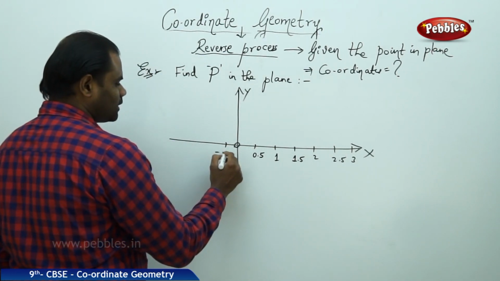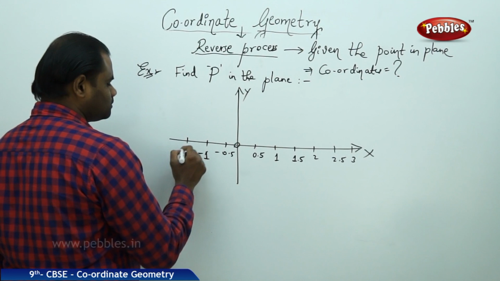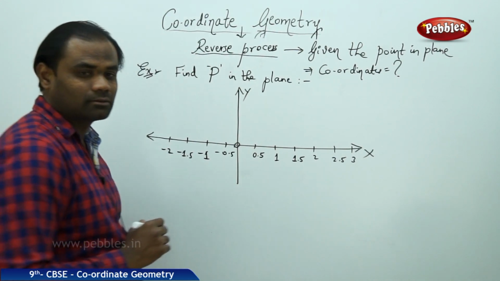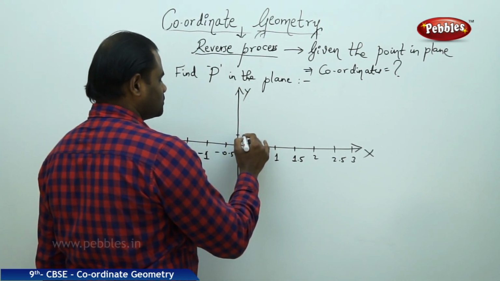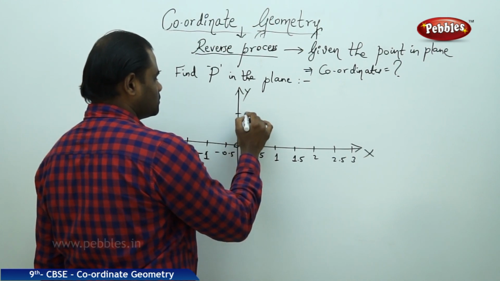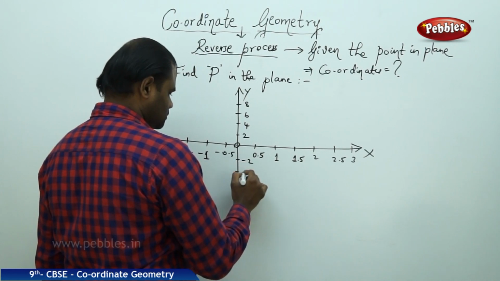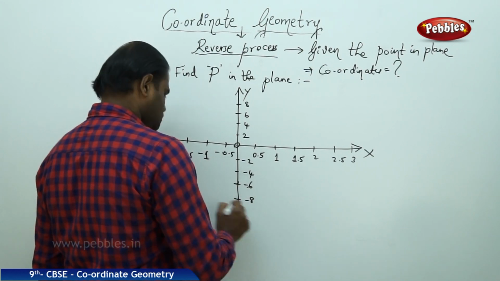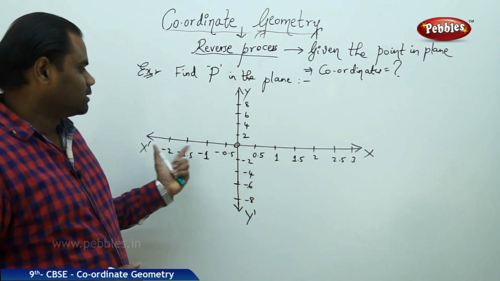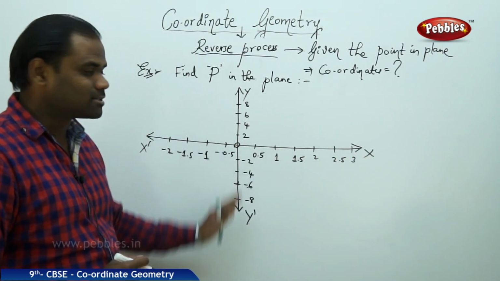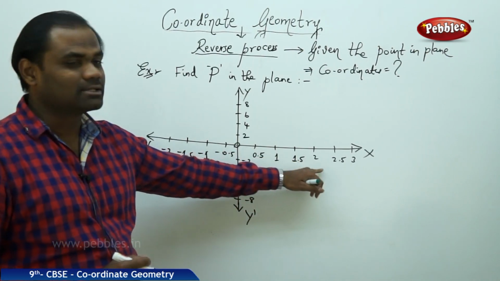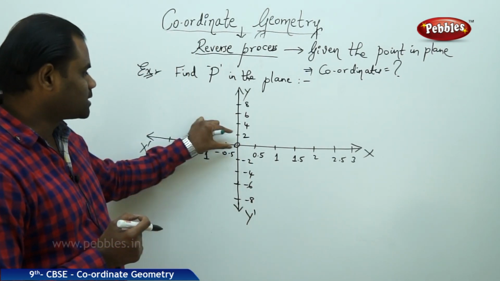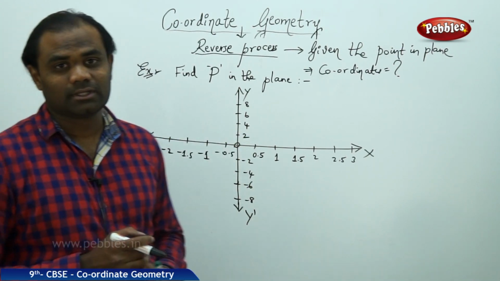And on the left I have minus 0.5, minus 1, and minus 2, etc. Clearly this is the x-axis and this is the y-axis, and the scale on x-axis is 1 centimeter equals 0.5 units, and the scale on y-axis is every 1 centimeter grid is 2 units.